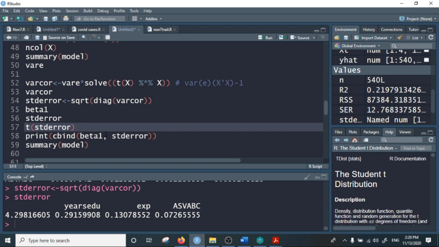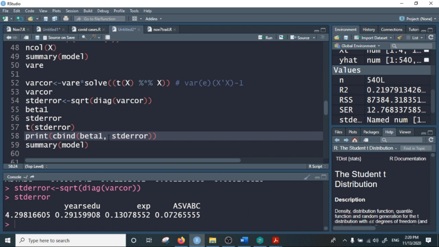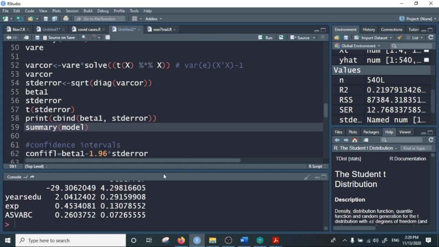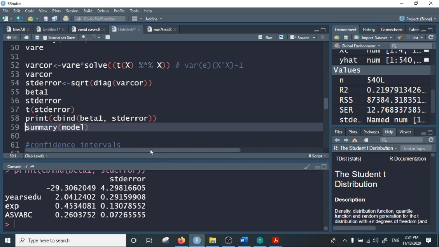So now we can combine the coefficient vector that we have found and the standard error that we have just found into a matrix by the cbind command. The cbind command combines beta 1, which is a vector of our coefficients, and standard error, which is a vector of the standard error of the regression coefficients that we've just found, into a single matrix.